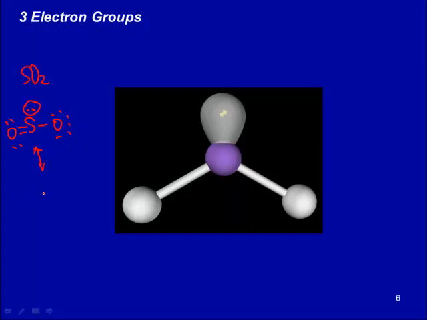Or this one can assume more than 8 valence electrons, called expanded octet. So you can actually form a second double bond. However, those details do not alter the AB2E1 notation for this particular molecule.